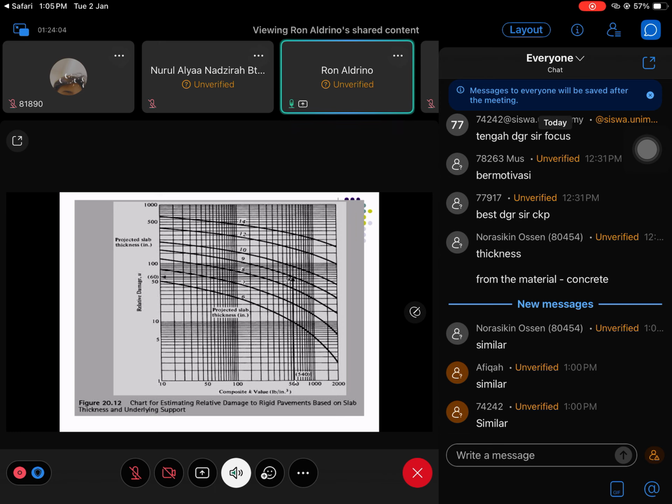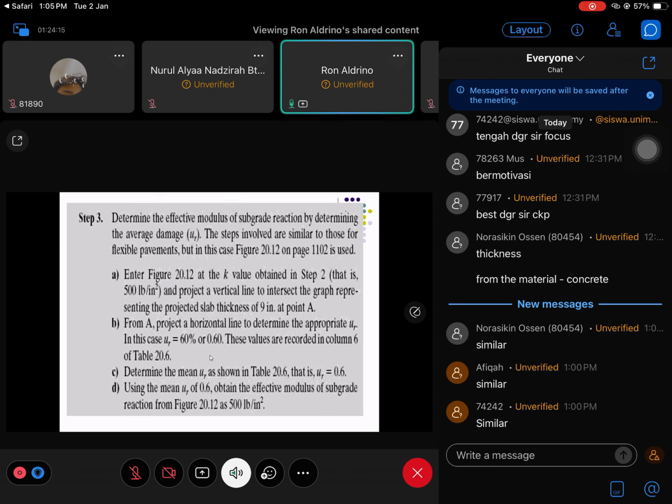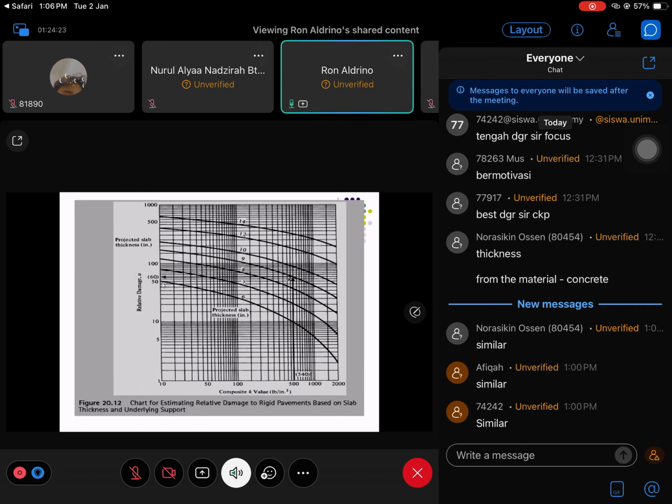So you take this 500, go up to about 9 inch, then draw a line across. From there you get the average relative damage, UR, which is about 0.6.